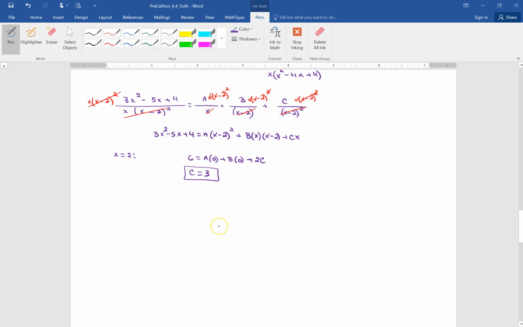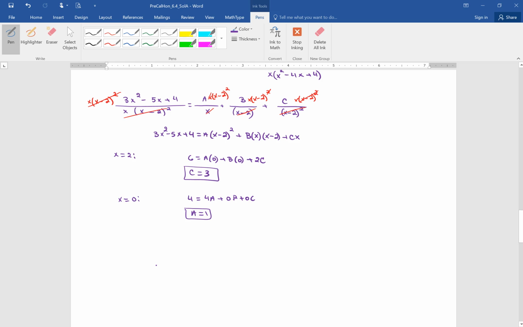And then what else am I going to plug in? X equals 0. When I do that, I get 4 equals 4A plus 0B plus 0C. So how much is A? 1.